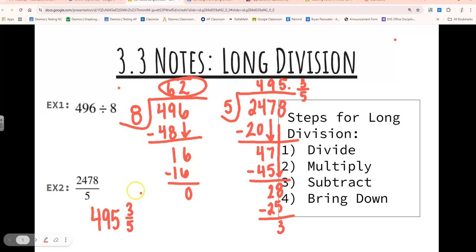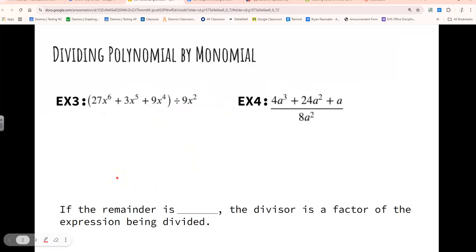All right, so this may be one of the more difficult things that we're going to do, but there are some shortcuts and some things that can help us with it.